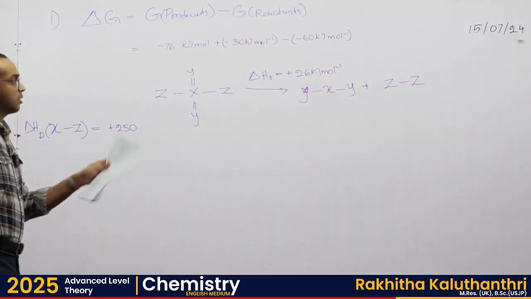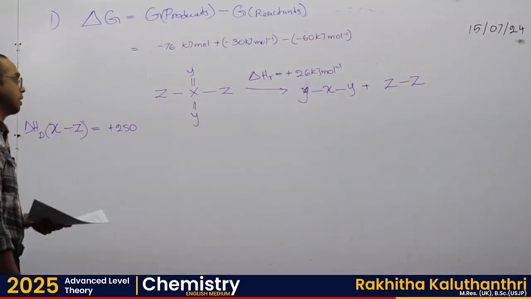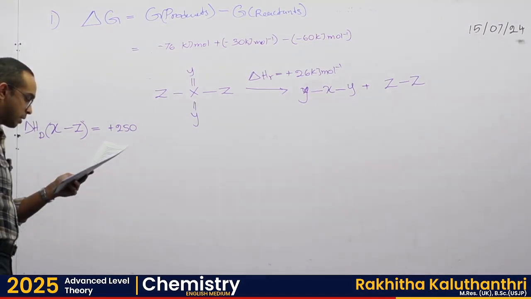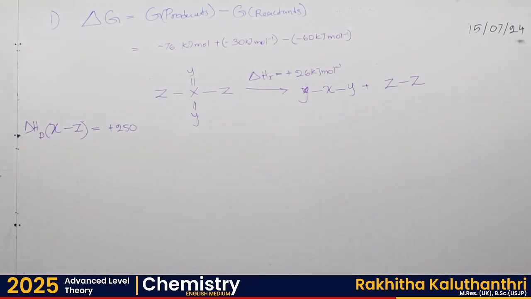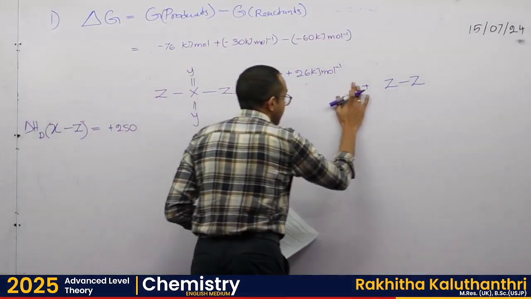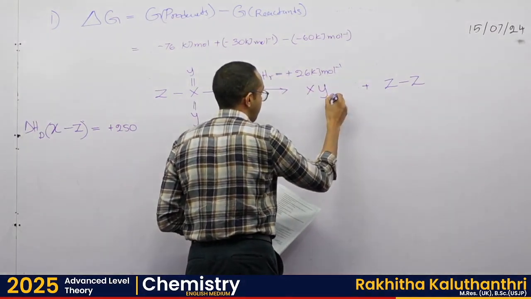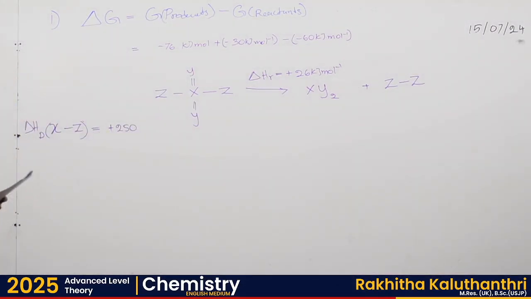So then, try to find the rest of the equation. Try to draw a Hess cycle and see. Now, if you feel like there's a piece of information missing, let me know. There's one bond that seems to be giving a bit of a problem, but still try to find the answer. Actually, my bad, this was given as XY2. I'm not going to reveal the answer there, just leave it this way.